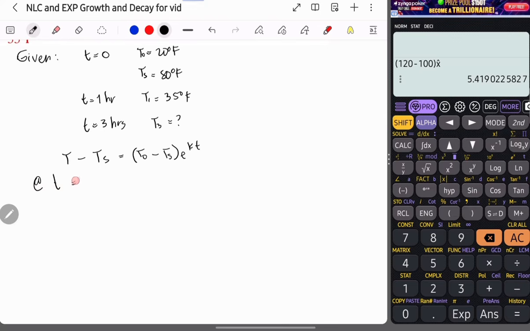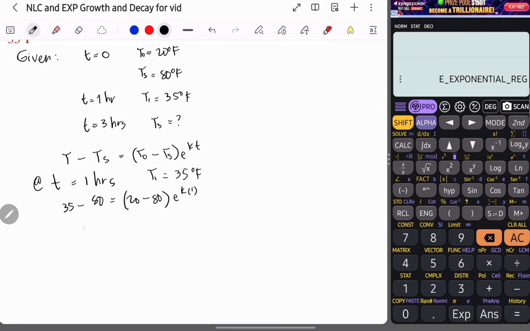So at T equal to 1 hour, the temperature is 35 degrees Fahrenheit, right? So at T equal to 1 hour, the T is 35. Minus Ts is 80. T sub O is 20. Minus Ts, 80. E to the K, then the time is 1.